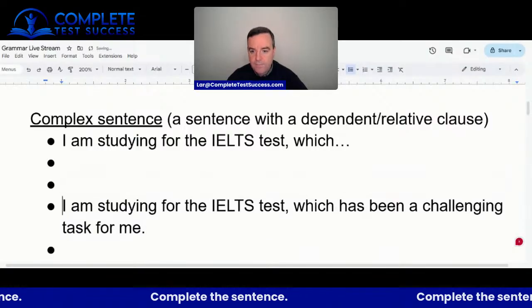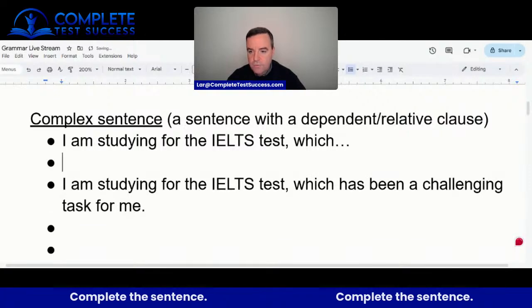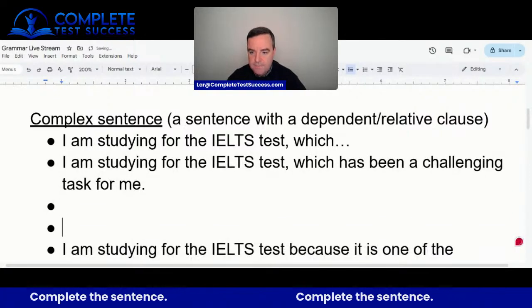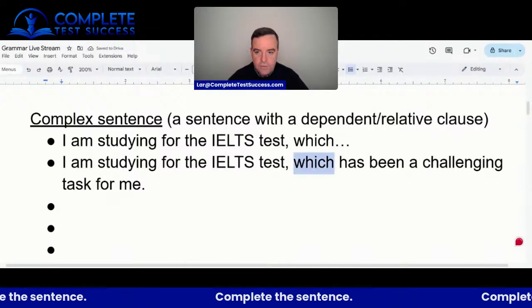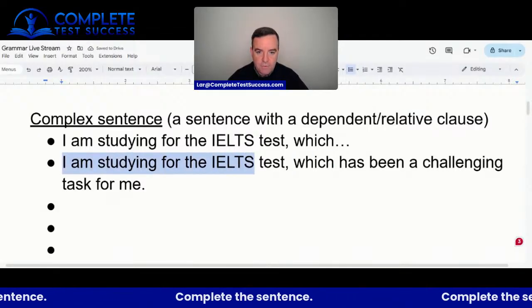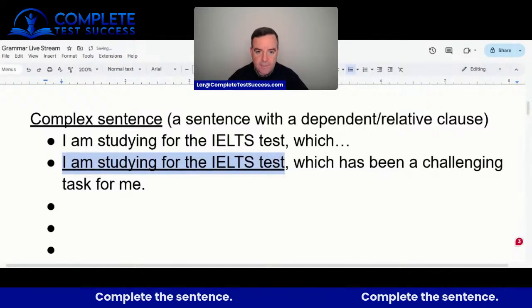Okay. Now, when we look at Reza's sentence, Reza uses the word which to refer to that full concept. I am studying for the IELTS test, and that's perfect.